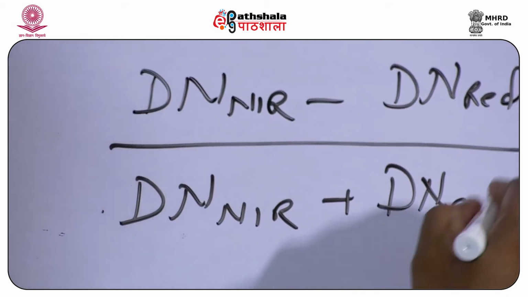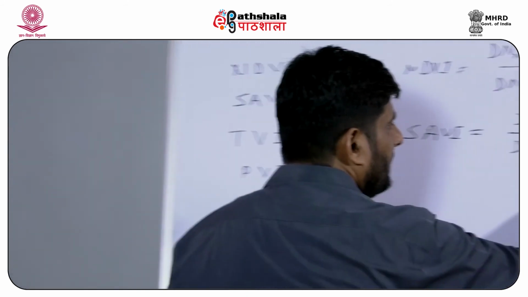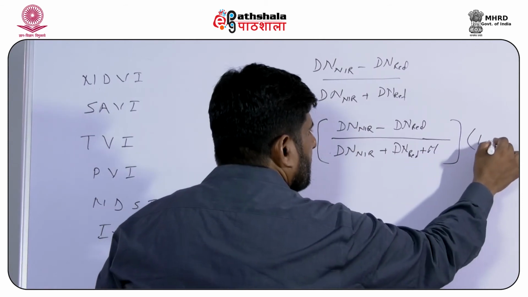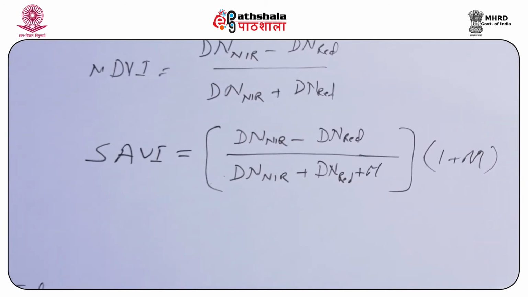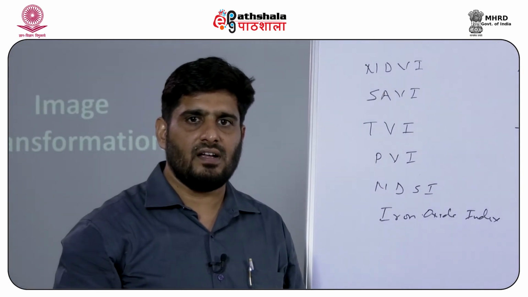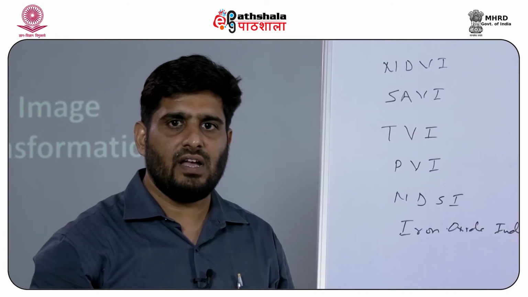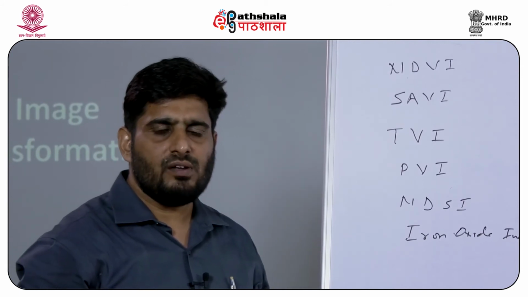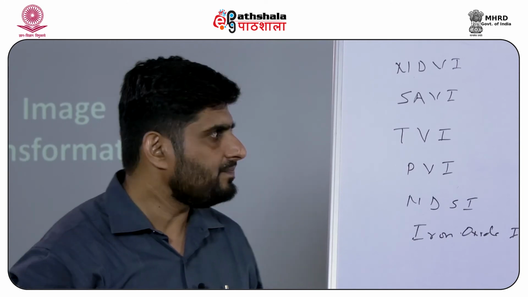Here we introduce one constant in SAVI, that is m, and we add m and then multiply this entire expression with 1 plus m. Now, this m is a constant which adjusts the index for different conditions of soil. For intermediate soil, the value of m is kept around 0.5. If m is equal to 0, then SAVI becomes simply NDVI.